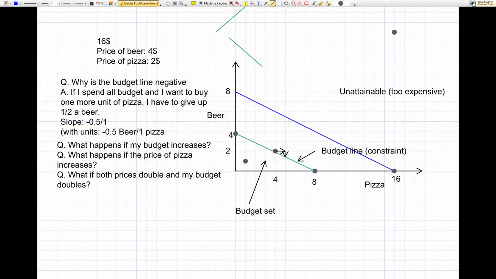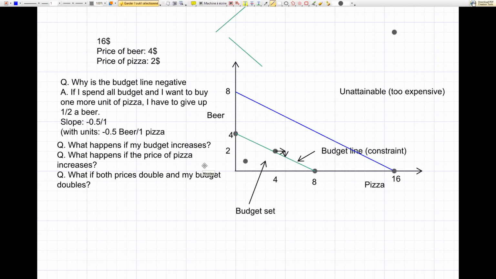We imagine on our graph here that we can buy any fraction of quantities. So I could buy 1/4 more beer or 3/4 more pizza. It doesn't matter, so it still works. So no, the slope wouldn't change.